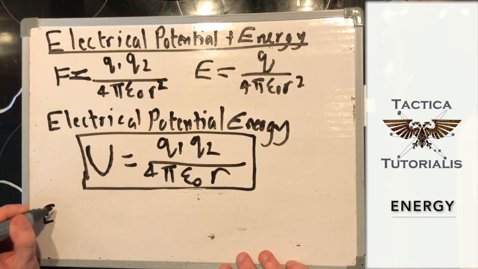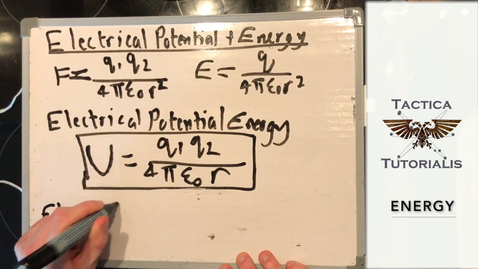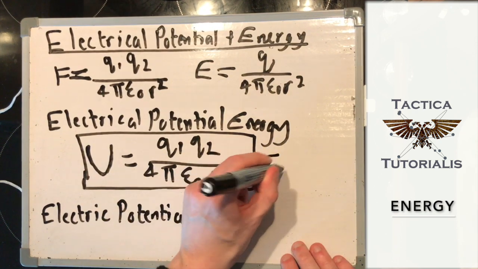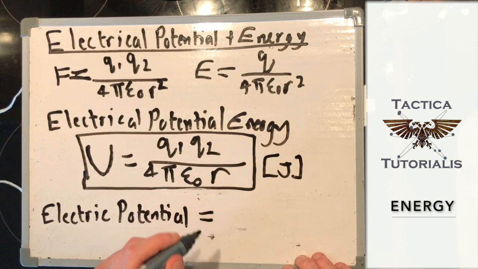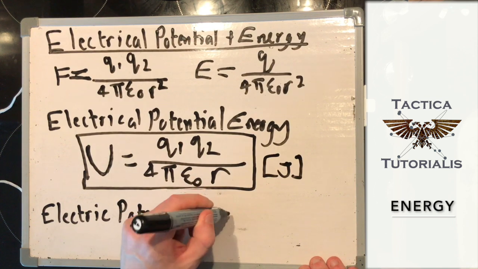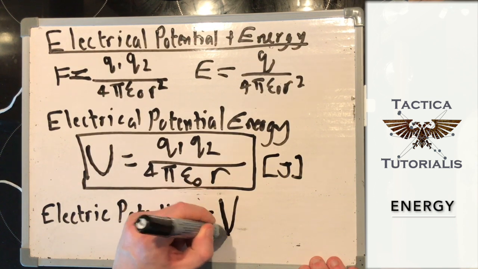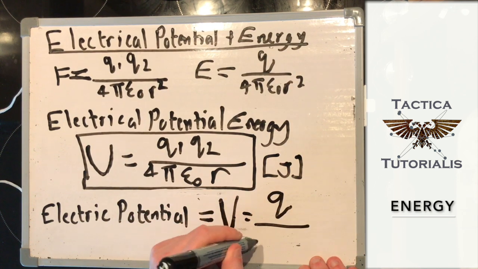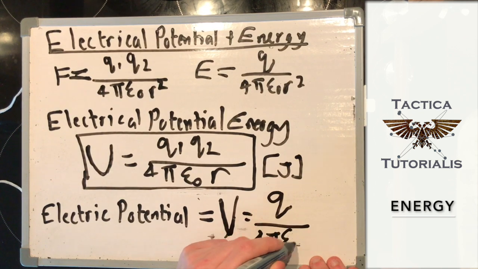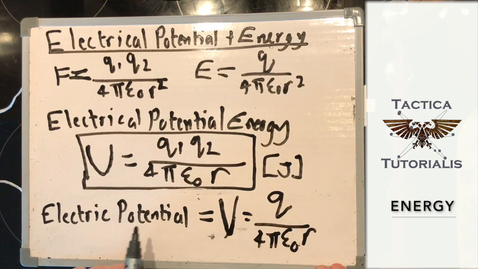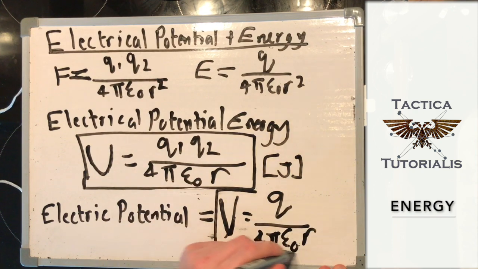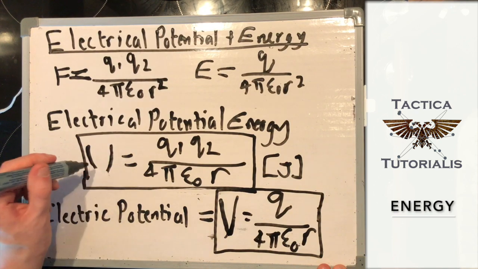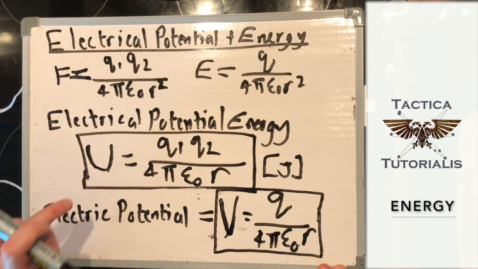So the electric potential, this is being measured in volts, equals V, right, really clear that's a V, equals Q over 4 pi epsilon naught R. Okay, I'm going to just make that really wide so it's clear that that's a U.